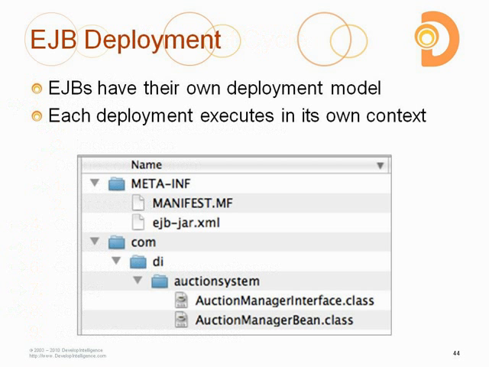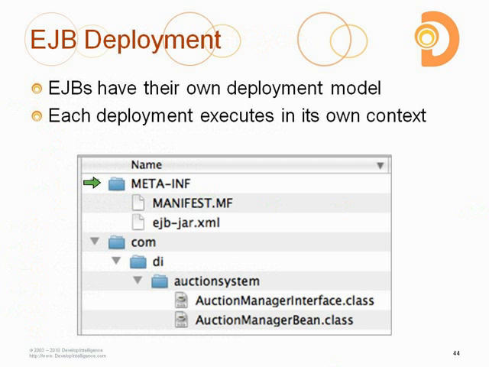When I go to deploy my enterprise JavaBean, again, remember this is going to be in an EJB jar. You'll see that in my EJB jar, I'm going to have a META-INF directory. That is required from the jar utility. Every jar is only valid if it has a META-INF directory, and in that META-INF directory, a manifest.mf file.